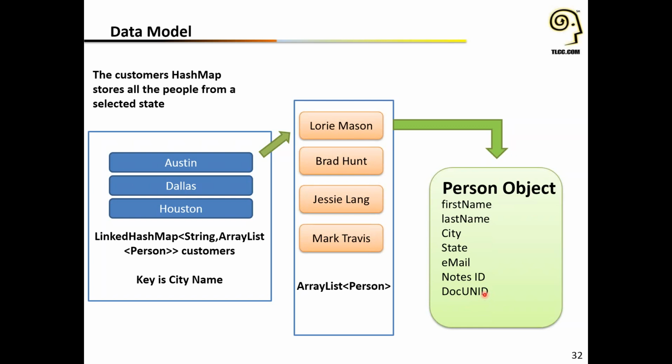So if someone decides to edit this particular person, we can easily get the underlying Notes document and let them do the edits and store that information back to that Notes document. So we're going to have all these person objects in an ArrayList, and the ArrayList will be one per city. And we can access all the people by using the LinkedHashMap of customers.